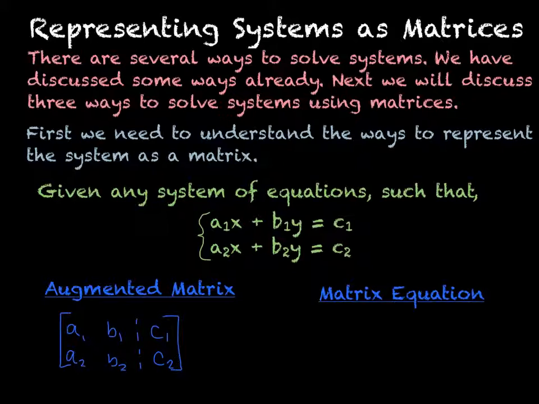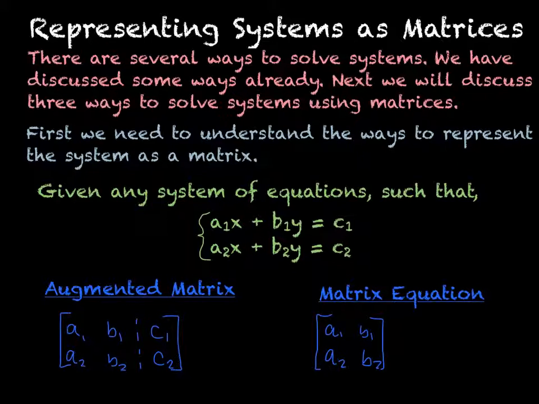There is another way to also represent a system as a matrix, and that would be what we call a matrix equation. So a matrix equation, again, we're going to just write the numbers, at least in the coefficient matrix. My coefficient matrix would be a sub 1, b sub 1, a sub 2, b sub 2.